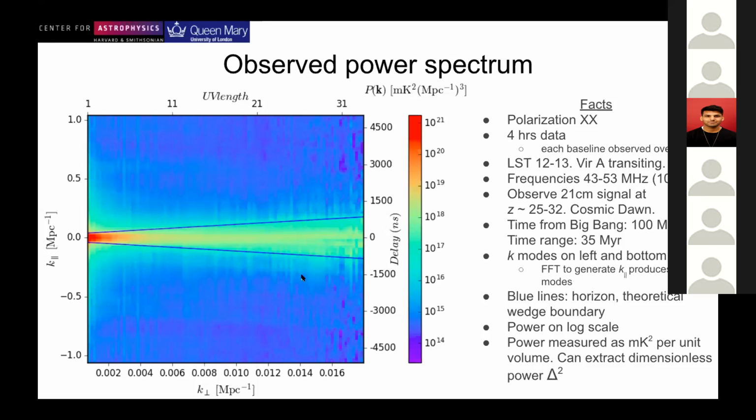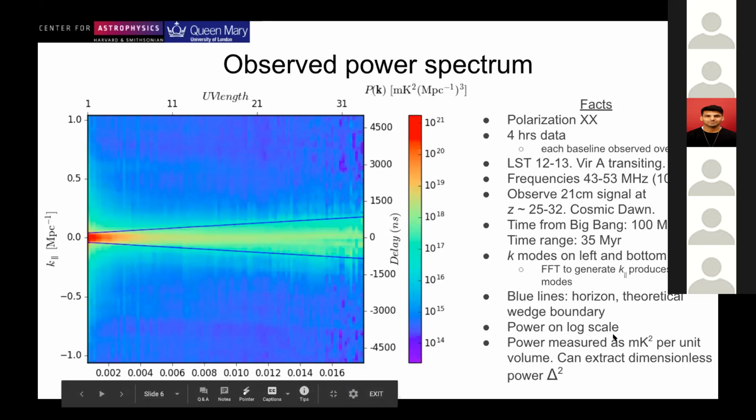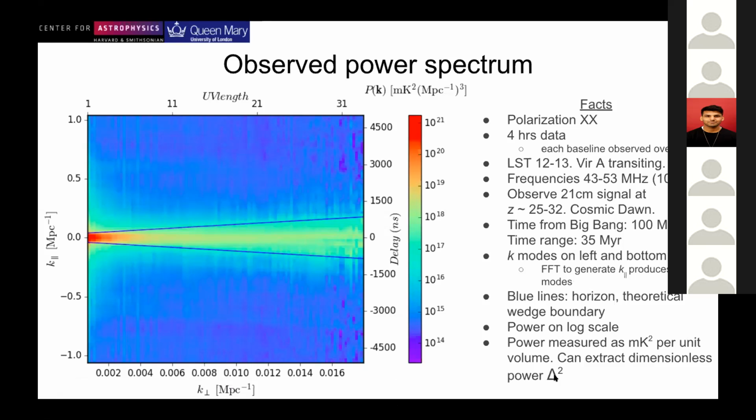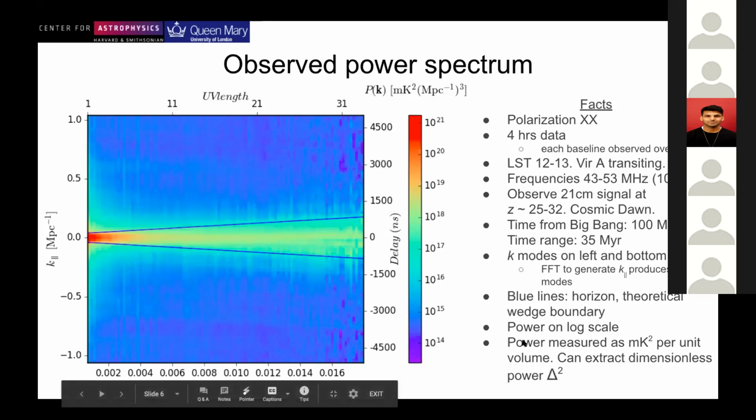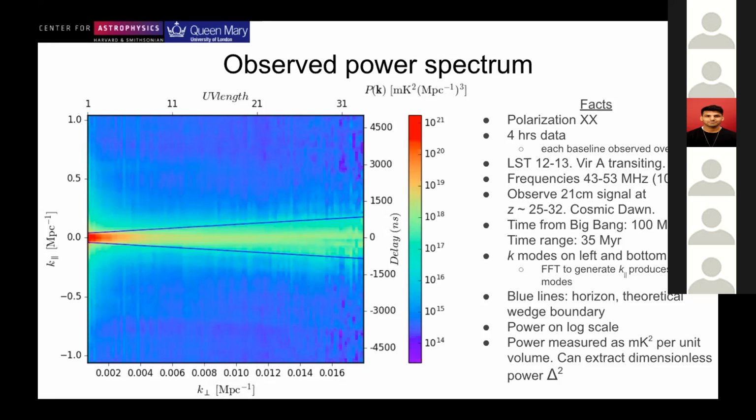Power's on a log scale. It's measured as a temperature squared, milli-K squared, and from this we can extract the dimensionless power, delta squared, that is familiar to people from CMB and often quoted.